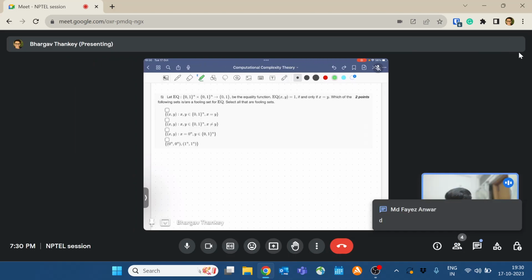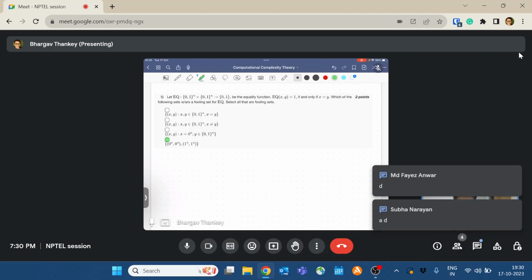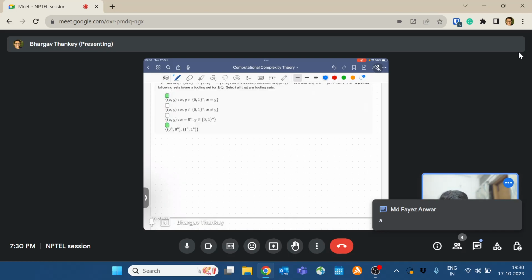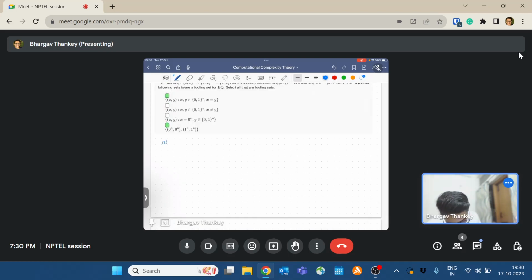Yeah, so D is correct. A is also true. So A and D are both. So let's see. For all (x, y) in S, I'll just call the set S, the equality of (x, y) equals 1 because both are the same.